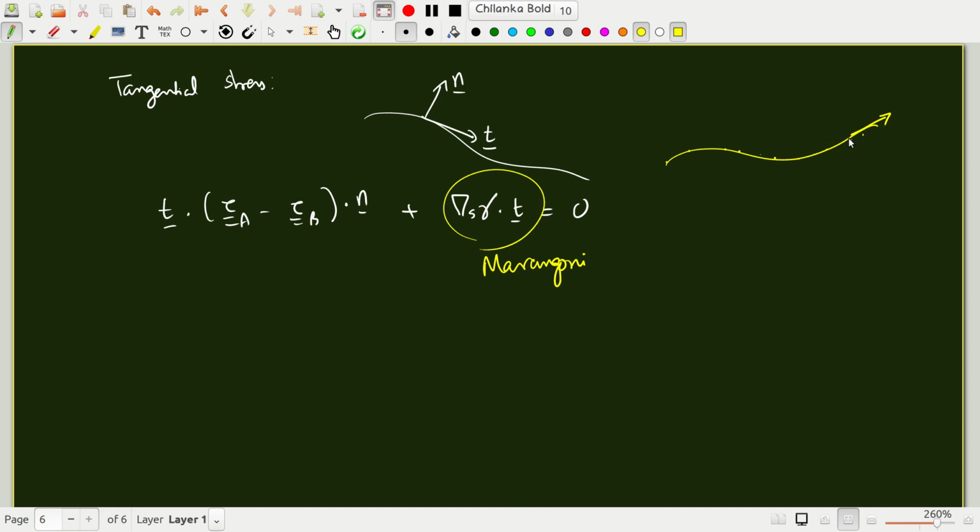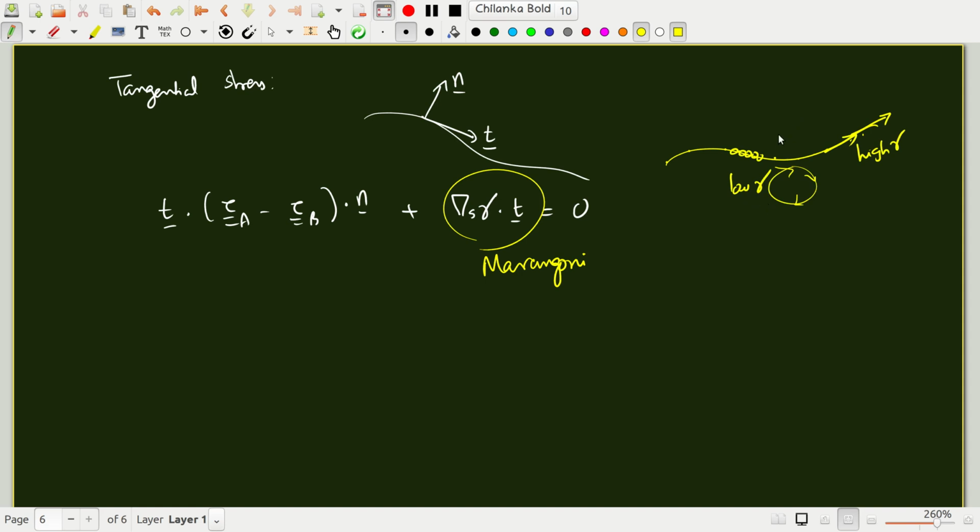That means that the regions of lower surfactants will be pulling. Here, let's say there are more surfactants, so low gamma. Here less surfactants, let's say high gamma. So the pull from the interface here is less compared to the pull here. So the interface will pull, that leads to fluid motion in the adjacent fluids. This is called Marangoni flows.